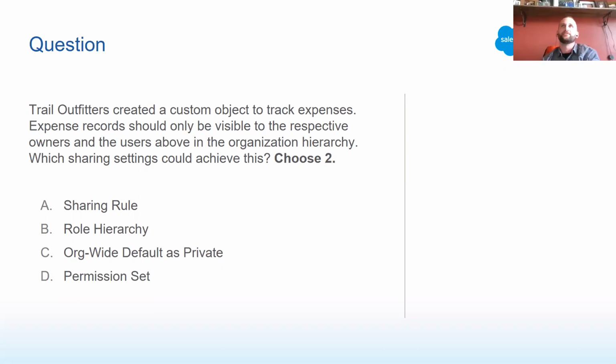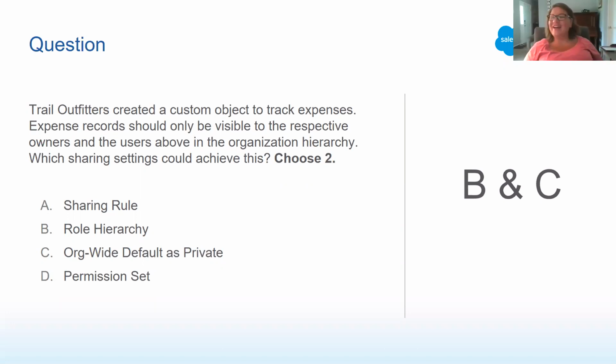That was my knee-jerk reaction. That's okay, and you're right: role hierarchy and organization-wide default as private. If anybody has any questions or needs an explanation, speak up, otherwise I'll just move on. Okay? Good?